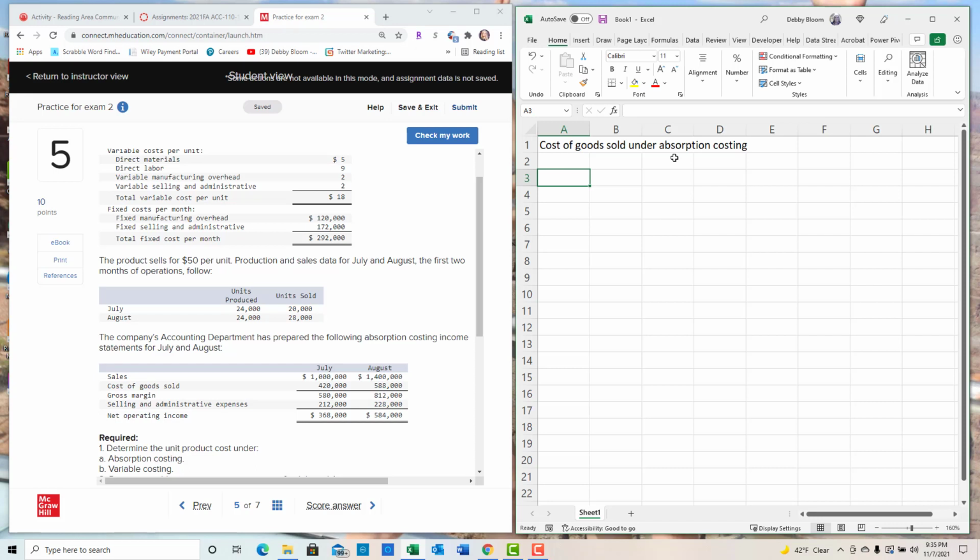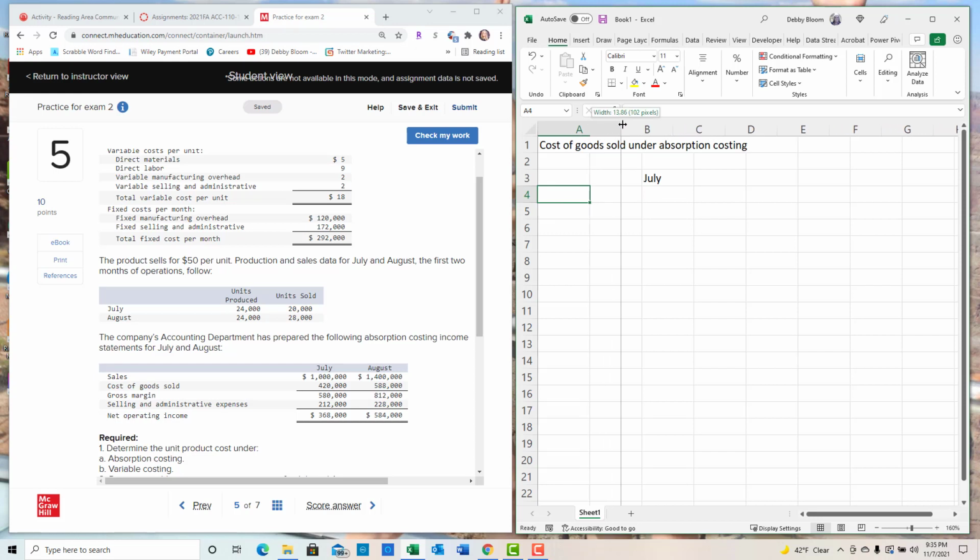Then you're going to divide by the number of units produced. So let's go ahead and do that. First, let's do this for July, and then we'll do it for August. So let's get started first with July, and let's do our calculations.